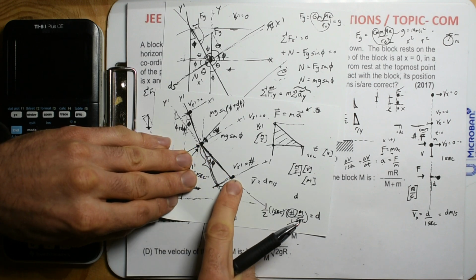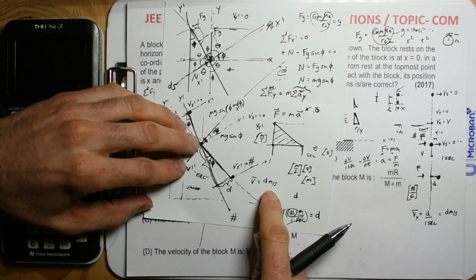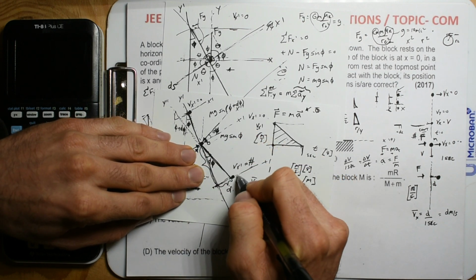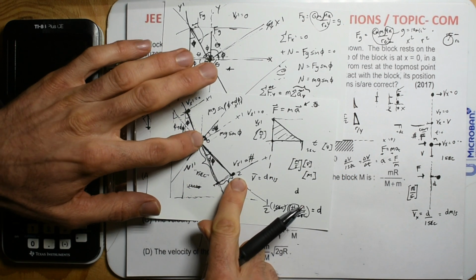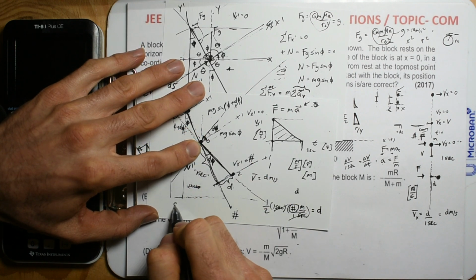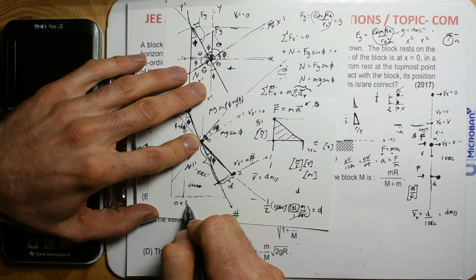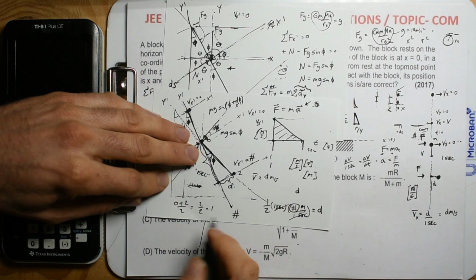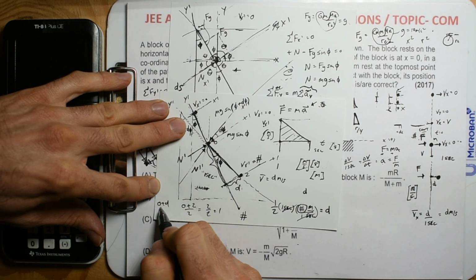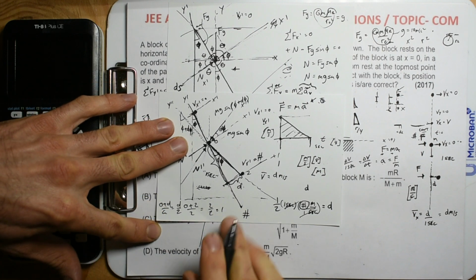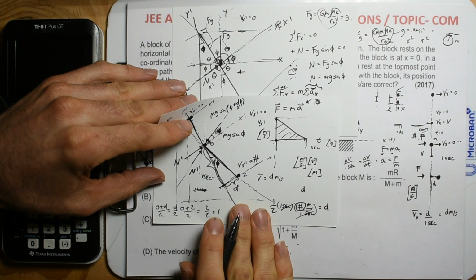If this is 0 here, it has to be double to get an average velocity of, if this average velocity is 1 and we have 0 here, we have to have 2 there. The average between two numbers is this number plus this number, divided by 2. So 2 divided by 2 is 1. If we have 0 plus d divided by 2, that's going to be d divided by 2.